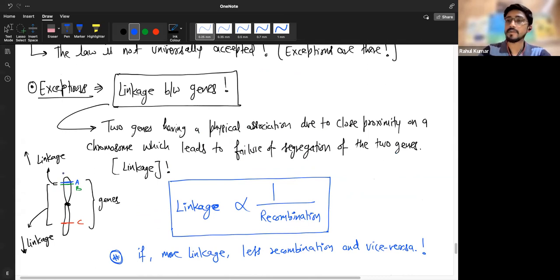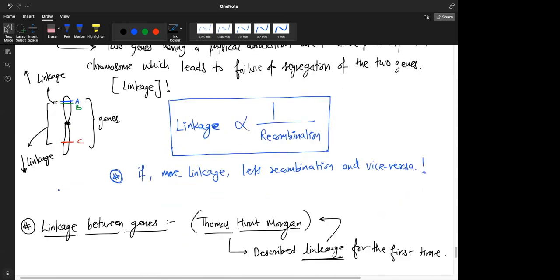Because what happens during recombination is chromosome breaks and then rejoins. And this breaking and rejoining happens to non-sister chromatids. Now I will explain recombination after linkage, but just know the genes that are farther away from each other have more chances of making non-parental combinations. Okay. Let's see how it works.